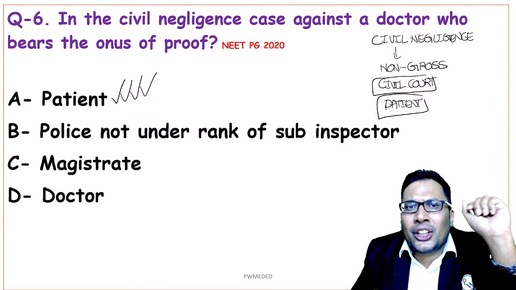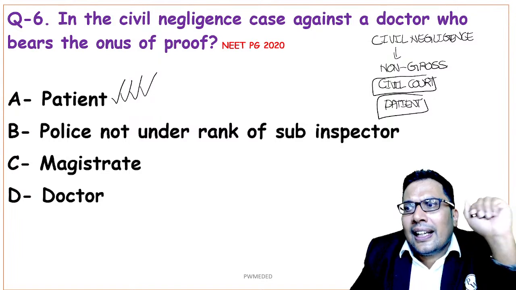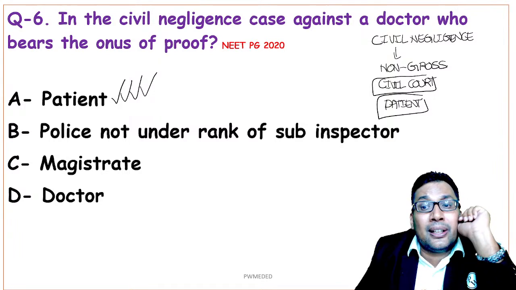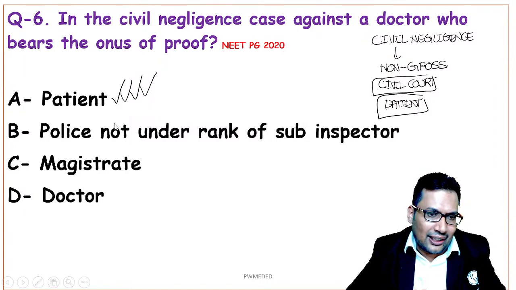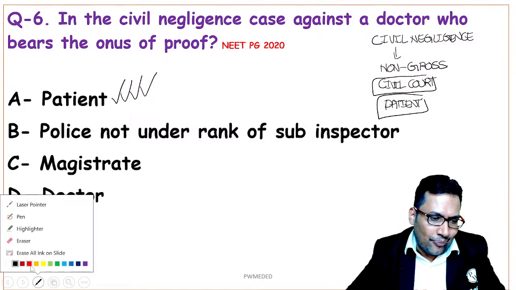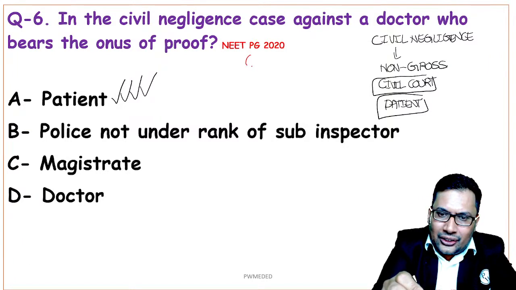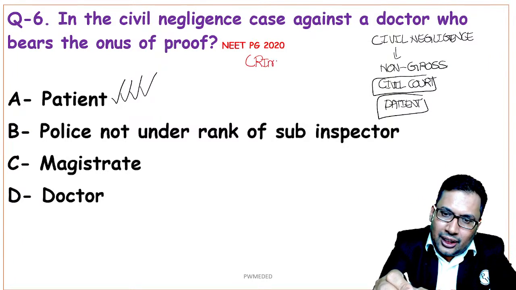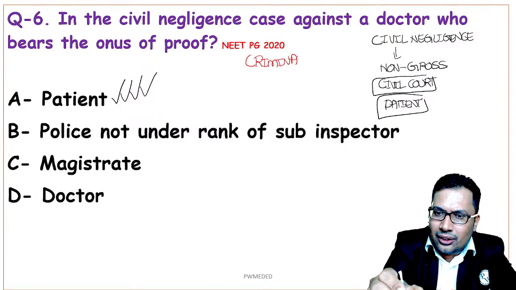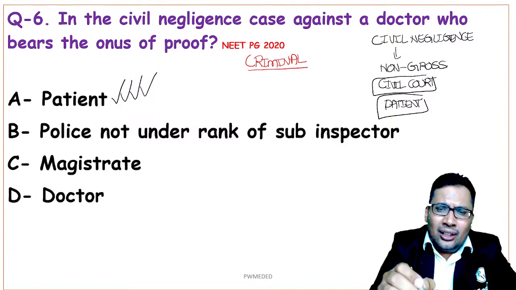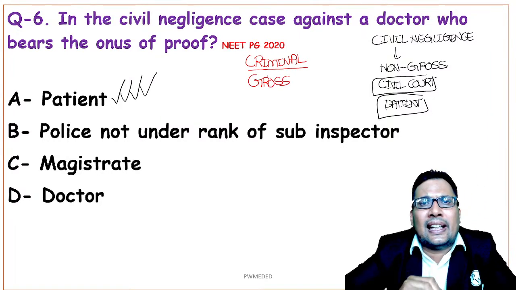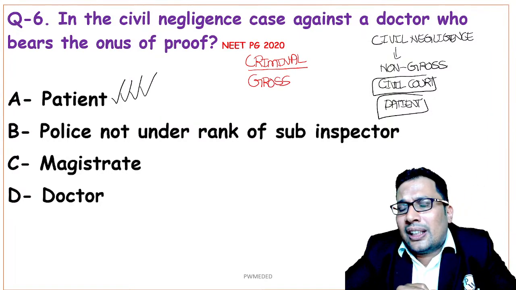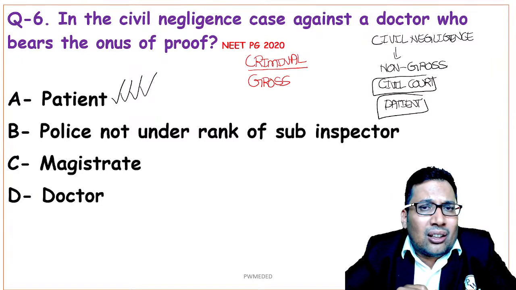If the same question is asked for criminal negligence, criminal means gross negligence. Let me write this also. Criminal negligence is a gross negligence, very gross negligence. Like, for example, there is a movie Arjun Reddy. There are many movies about negligence.